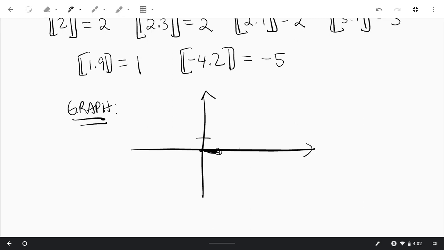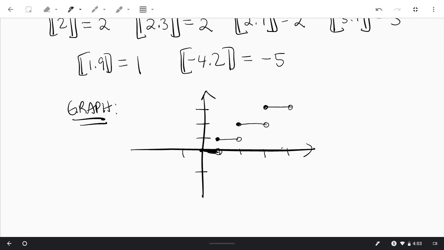And then all the numbers between 1 and 2 will have the value of 1. All the numbers between 2 and 3 will have 2. All the numbers between 3 and 4 will have 3, etc., etc.